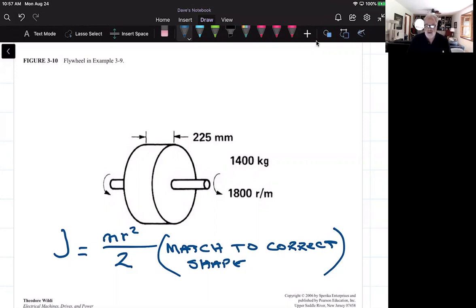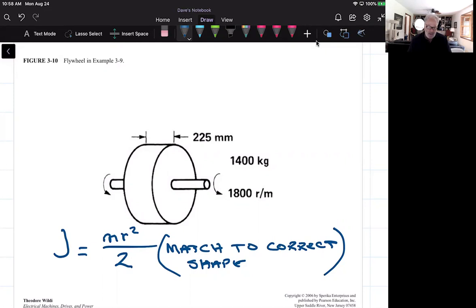But just for the time being, just know that a flywheel can possess great amounts of energy that we can use when we need it. And so, here's a flywheel in this particular situation. It's 1,400 kilograms. So, it's a heavy, massive thing here.